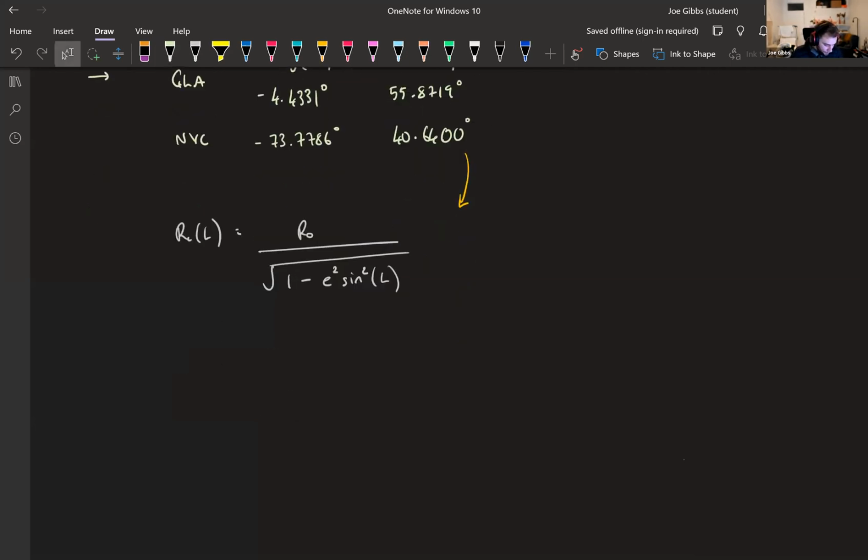From the datasheet, we know that e is equal to 0.0818. We're going to calculate our Glasgow transverse radius of curvature and our New York one.